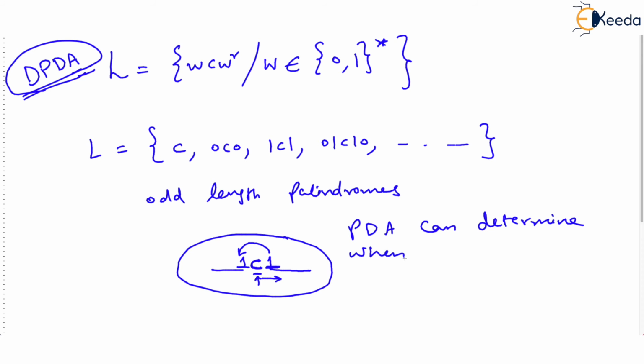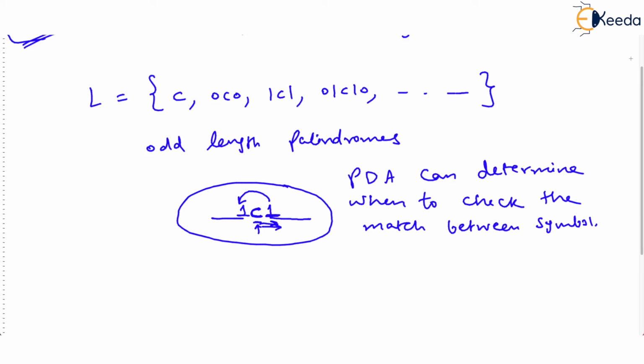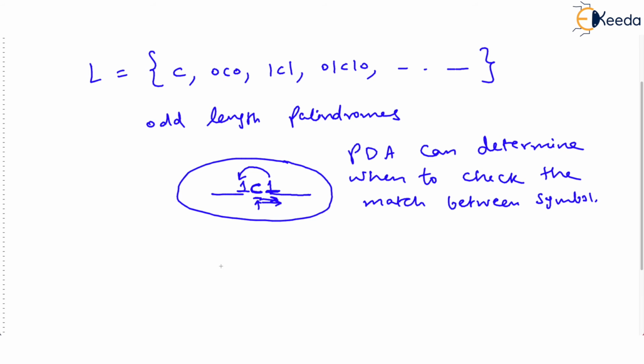The important thing is that the PDA can determine when to check the match between the symbols. It will start matching only after crossing the center. So let me take a fresh example. Suppose we have a palindrome like this, 0 1 1 0, and then the center.